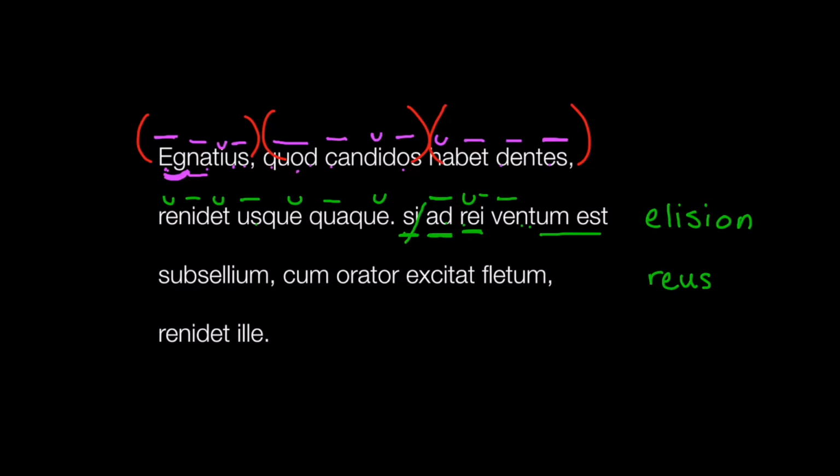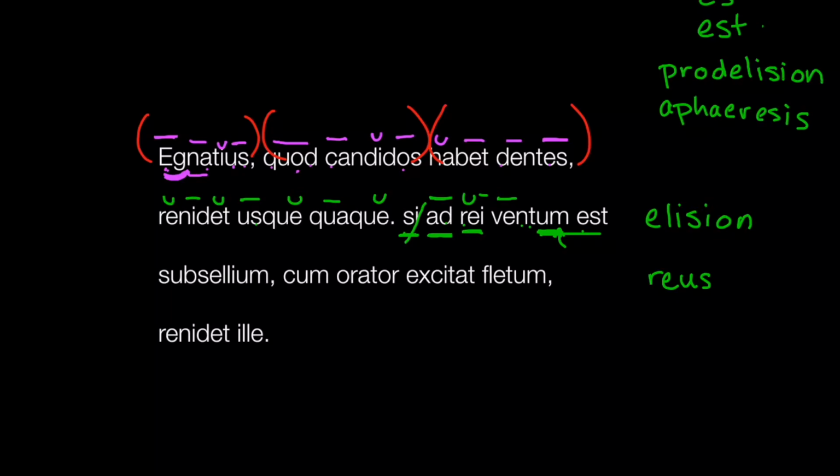But here something tricky is going to happen. You can remember, I think, that final M's were not pronounced very strongly. So that when you have vowel, M, vowel, you usually get elision of that first syllable. However, and this is only with the forms es and est, you are and he, she, or it is, from the verb to be, you have not elision, but prodelision, or to give it its Greek name, aphaeresis.